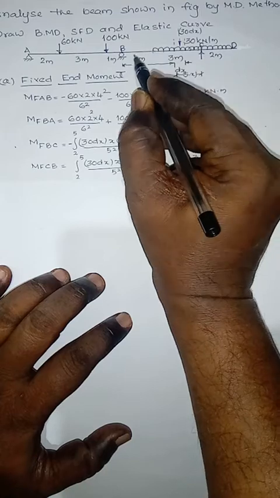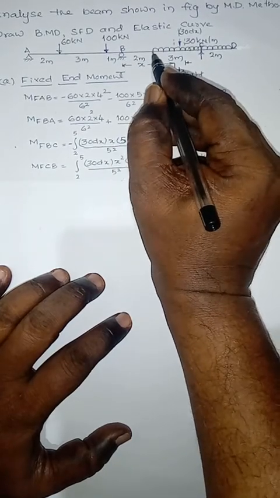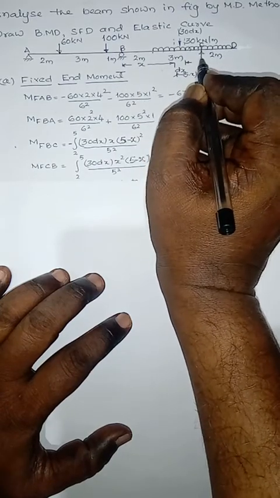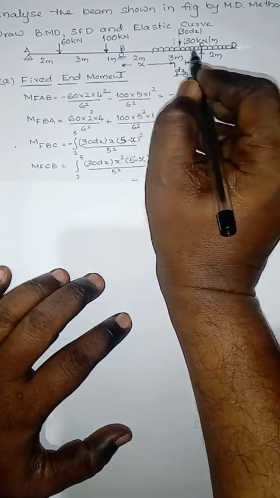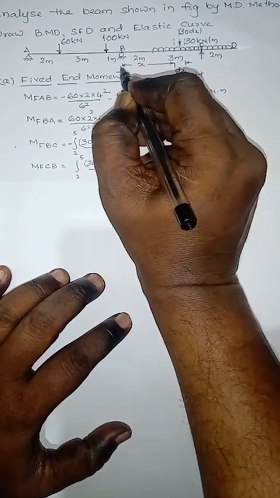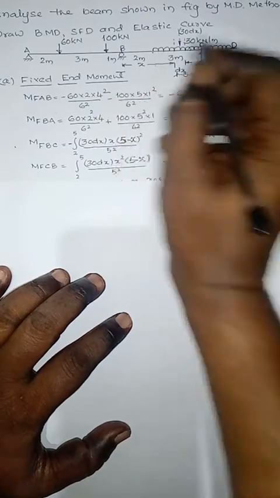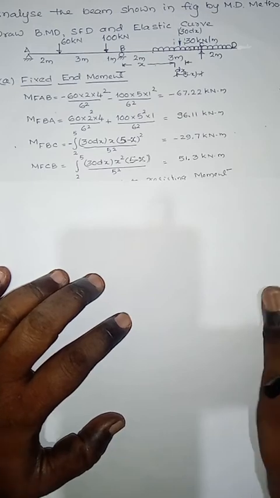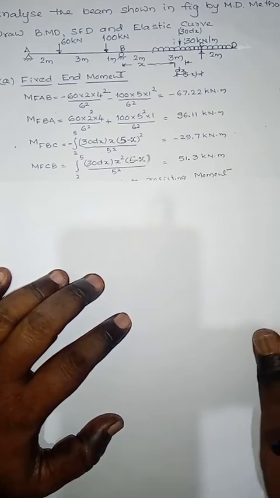Then if we integrate and simplify by substituting the limits, x varies from 2 to 5, that is 2 plus 3. Here the total length is 5 meter, the limits are 2 to 5. In between 2 meter and 5 meter, the x varies. Then MFCB equals 51.3 kilonewton meter.